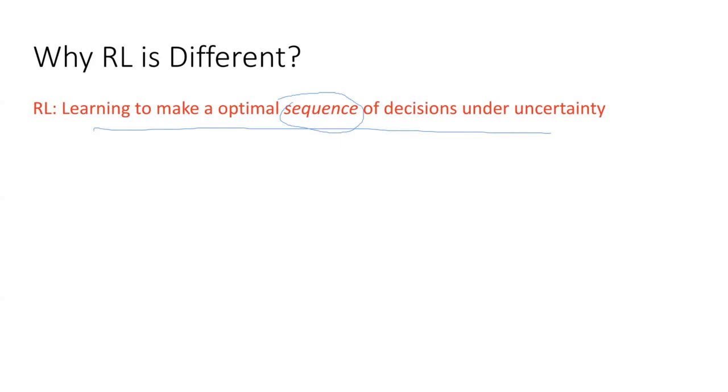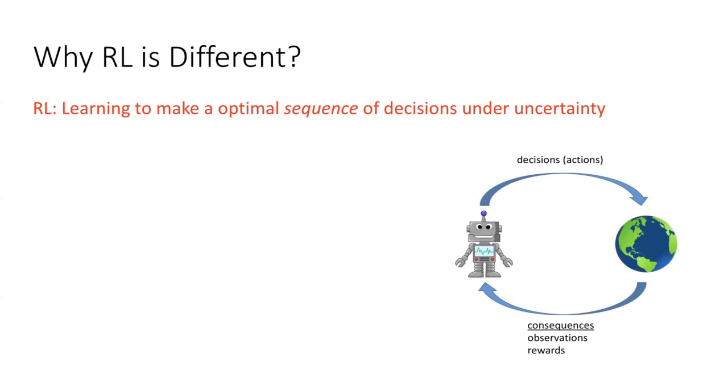So there is no explicit connection between the decision taken at one time step and the decision taken at another time step. So the difficult aspect of the sequential nature is completely absent in supervised learning. And obviously you can see that the idea of sequential decision making is absent in unsupervised learning also.